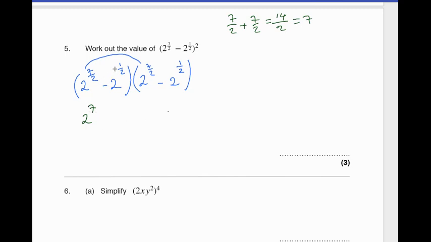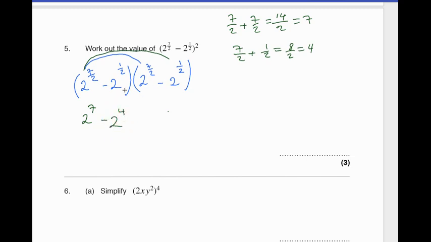So that's how we got the first term. Then we do 2 to the power of 7 over 2 multiplied by minus 2 to the power of a half. So we already know it's going to be minus. And then we're doing 7 over 2 plus a half, which is equal to 8 over 2, which is equal to 4. So we have 2 to the power of 4.